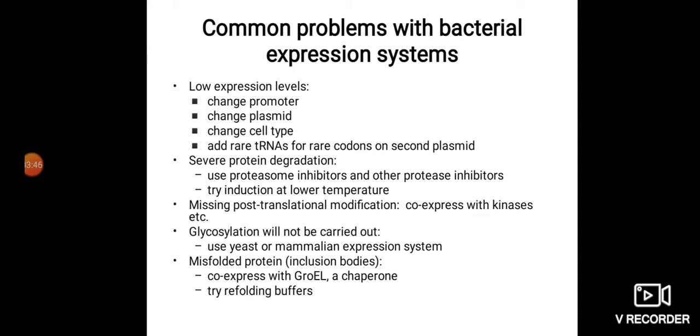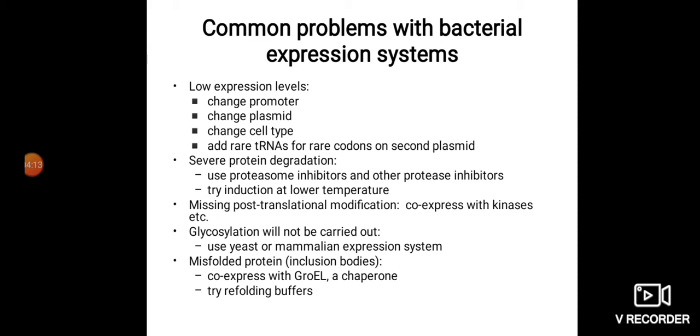All these cause low level expression of the protein, and severe protein degradation is also seen in the bacterial system, because when the protein is of non-bacterial, eukaryotic origin, there is a chance of degradation, which is addressed by using proteasome inhibitors and other protease inhibitors.